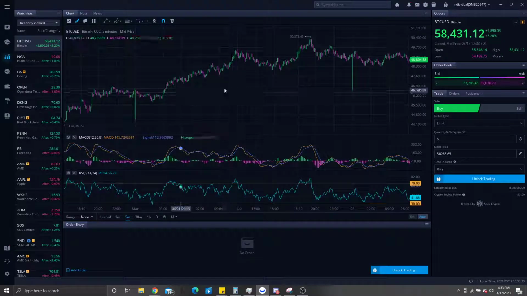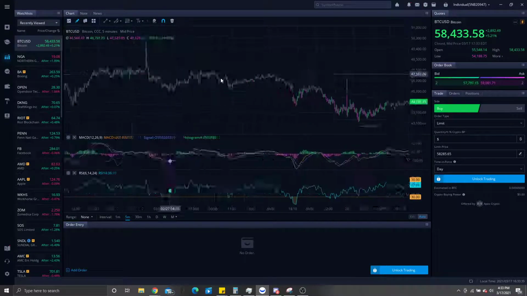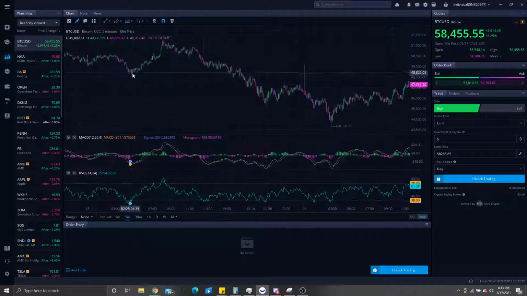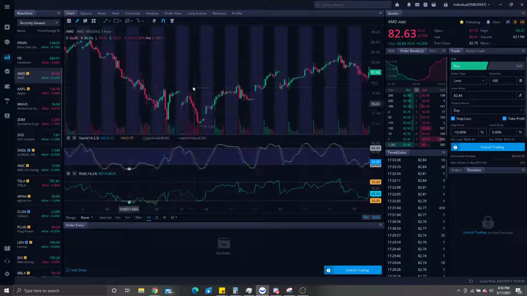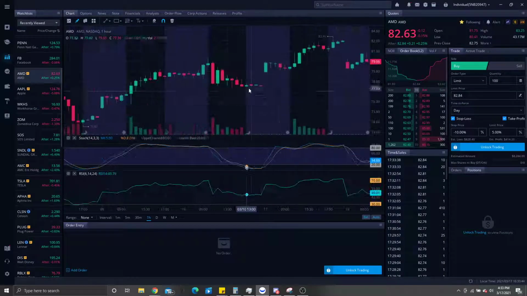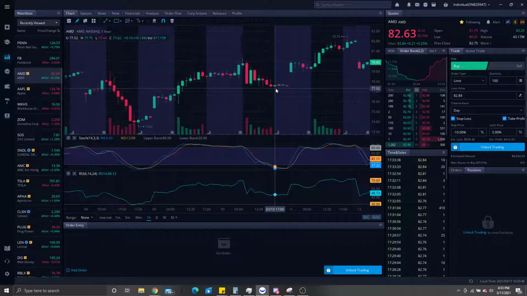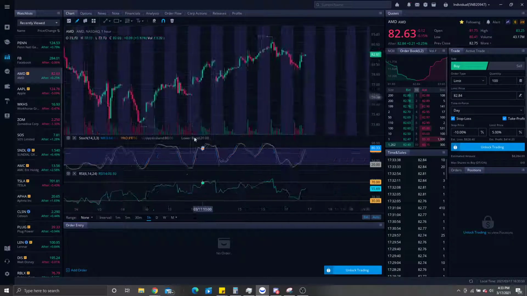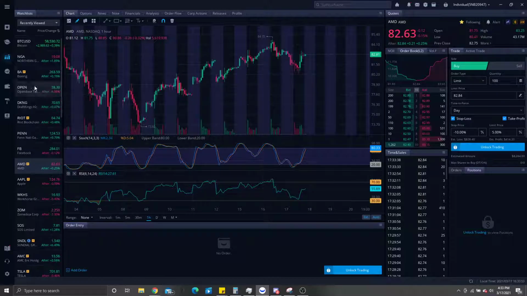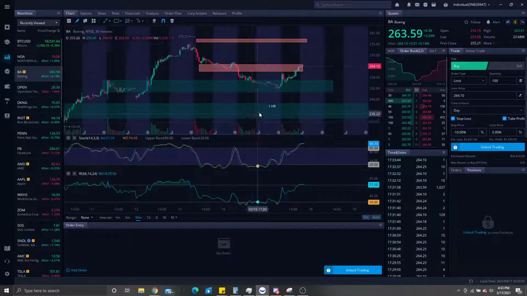Stock charts, Bitcoin, anything. Somebody help me find a wedge pattern. Here we go. No, that's not a wedge. That's a descending triangle. A wedge on the 30-minute.